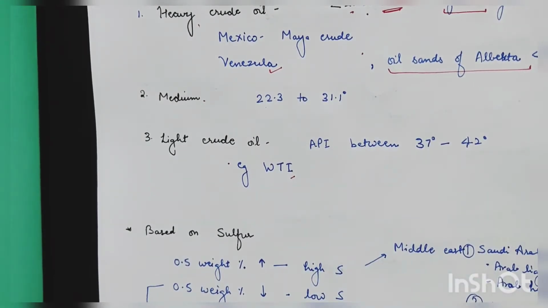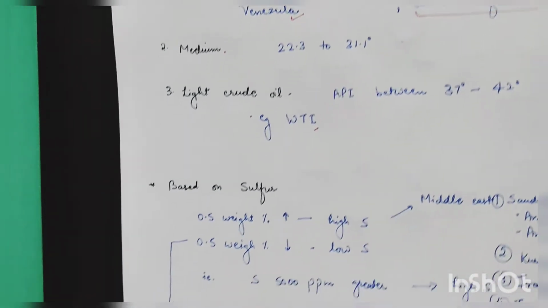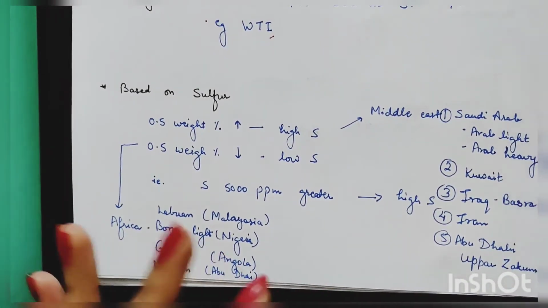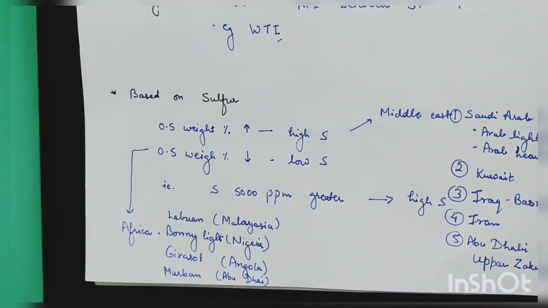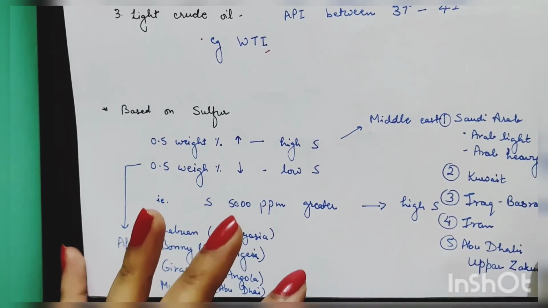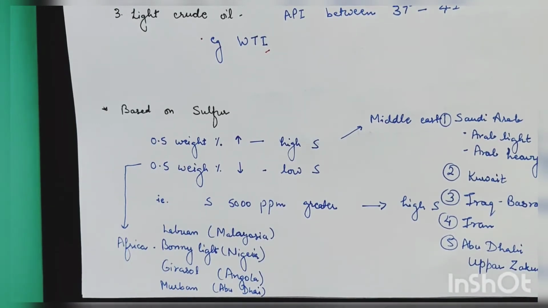Now coming to the classification on the basis of sulfur, that is impurity sulfur. Why is it important to look at sulfur and metals and these properties? Because when we are refining any kind of crude oil in any refinery, if there is high sulfur or the salts are very high, any unit which is processing that crude oil is not ready for that much high content of sulfur.